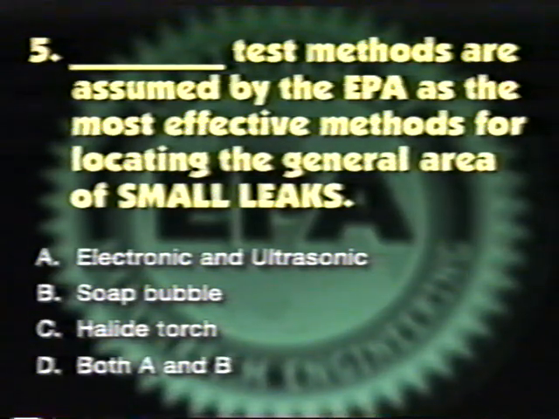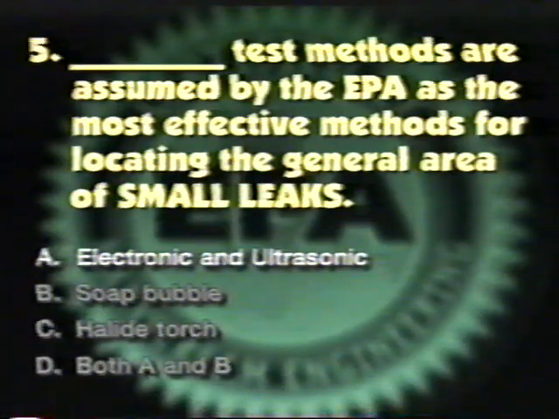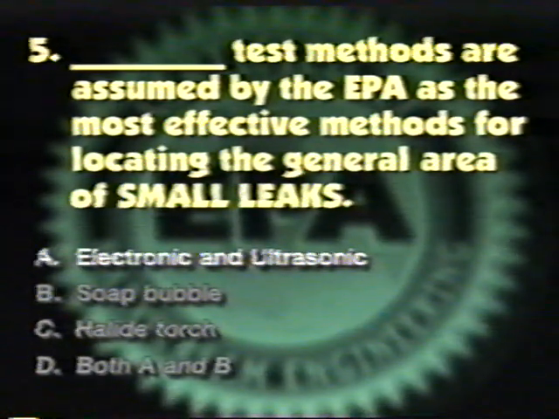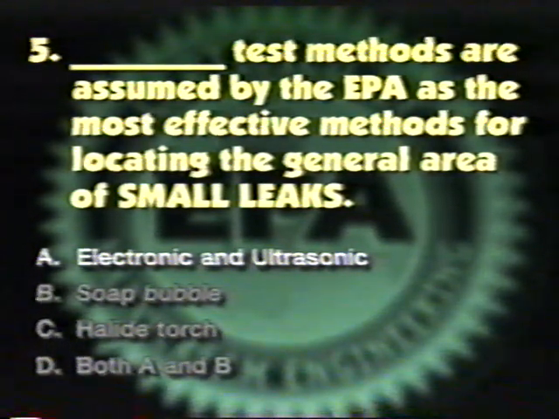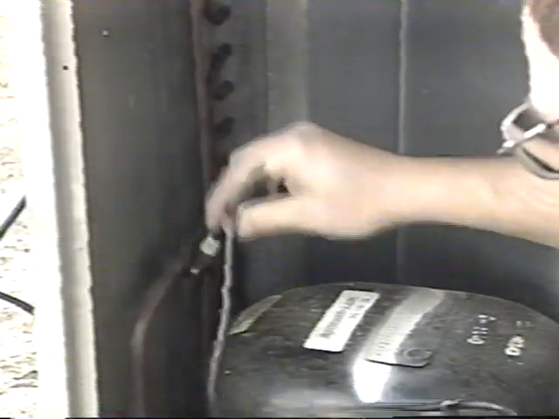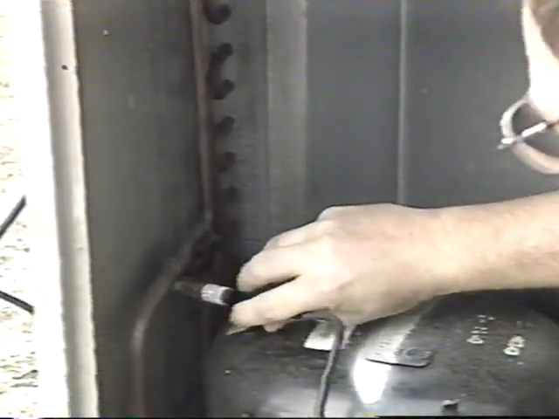D. Both A and B. The answer is A. Electronic and ultrasonic testers are assumed by the EPA as the most effective method for locating the general area of small leaks.